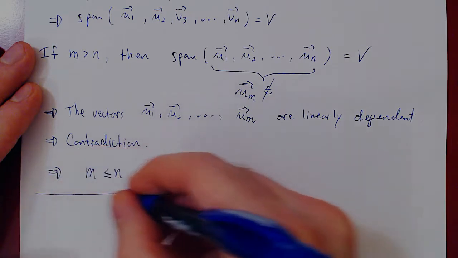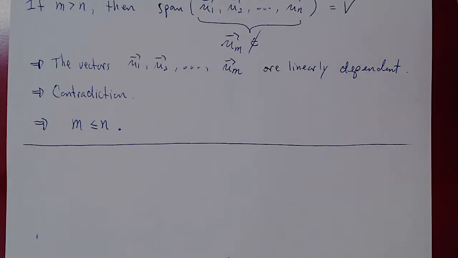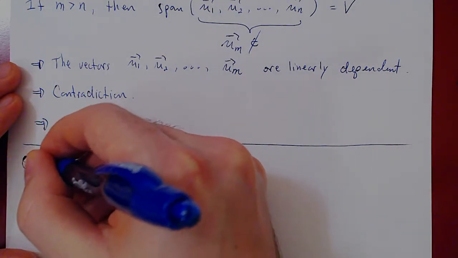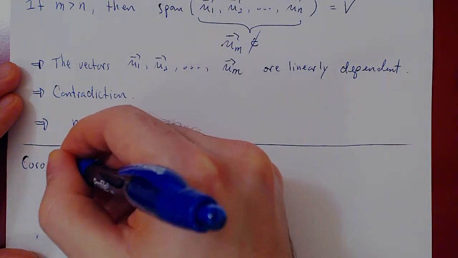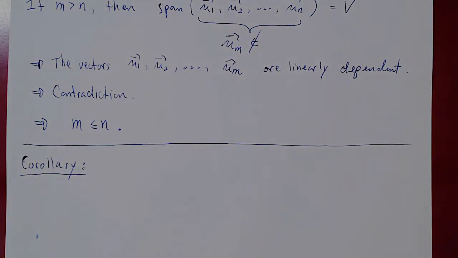This completes the proof. And now there is a really nice corollary of this. So now think of it. Suppose that we have a subset of a vector space.